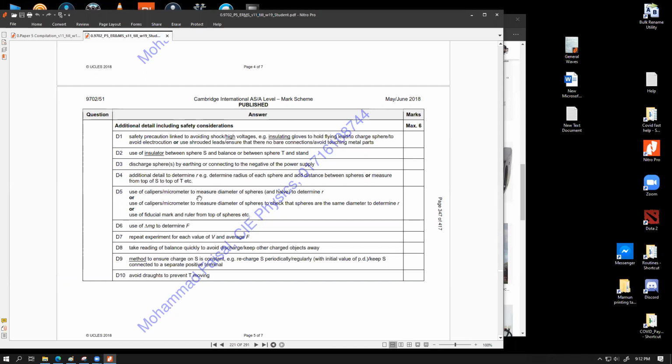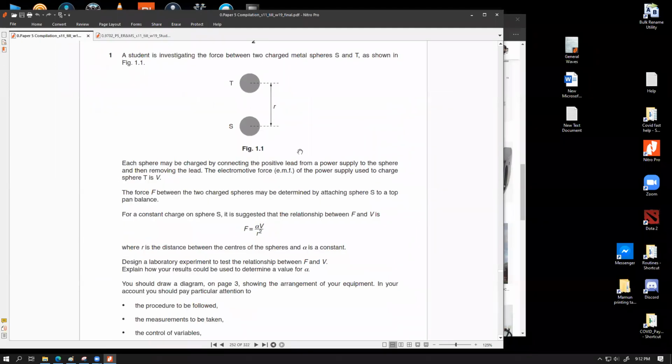Or measure from the top of S to the top of T. You see, this is the point that I'm trying to get at. If you measure from the top of S to the top of T, I was about to say that, and to be able to say that, I have to have the information that these two spheres are identical. Nowhere in this question does it say that the spheres are identical. Have a look.